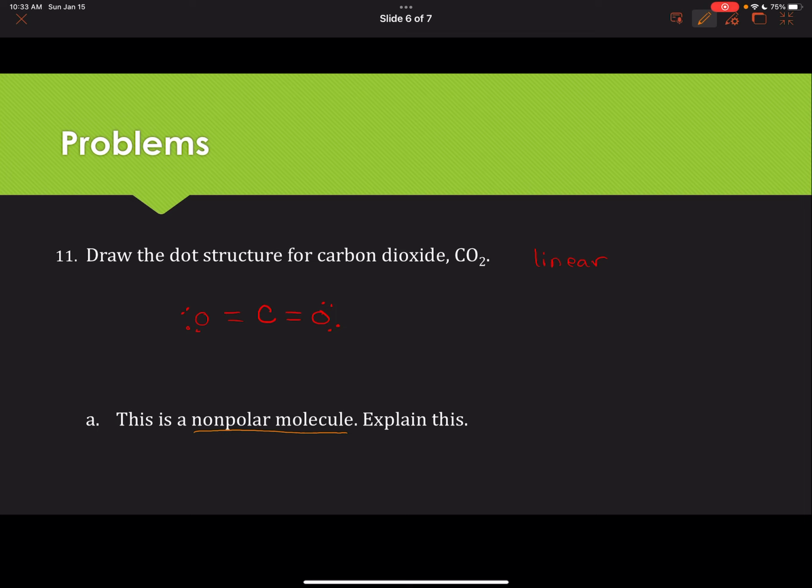Now if we look at this, the carbon-oxygen bonds are polar. The oxygen's more electronegative. So I have dipoles on each side. The issue is, if we look at these, it's the same atom on each side. So these dipoles are the same. And they're pulling in opposite directions.